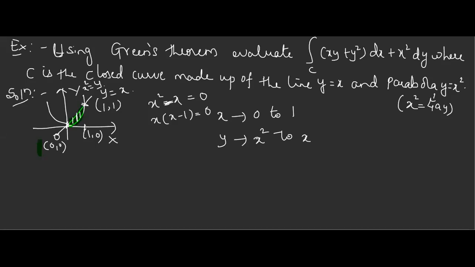It is x. Hope that is clear. This is what you used to do in change of order of integration. Same thing. Is the part clear? Now, when you have all this, you compare it with the standard form of Green's theorem and you can apply it.